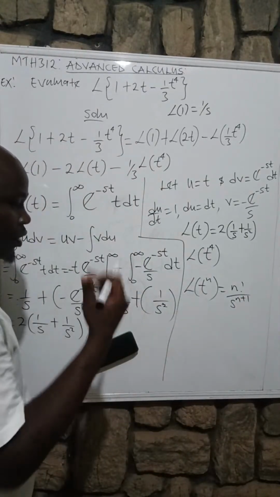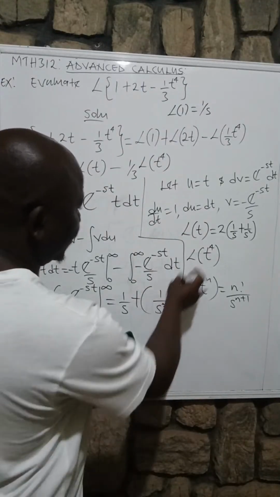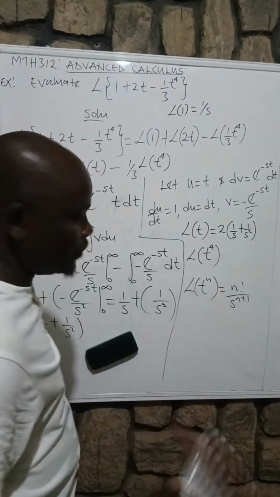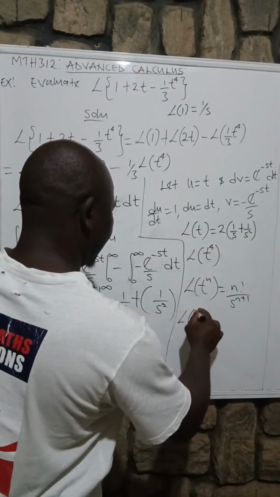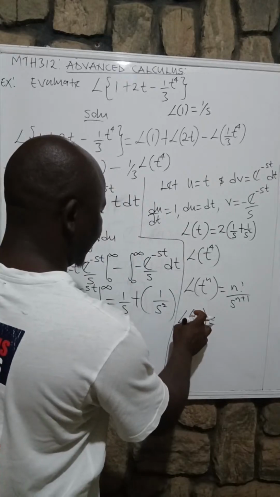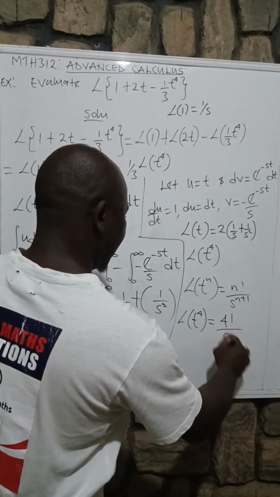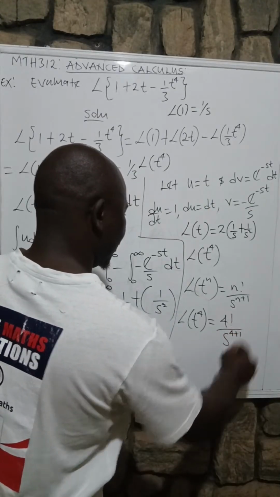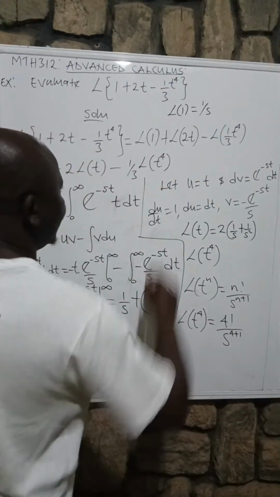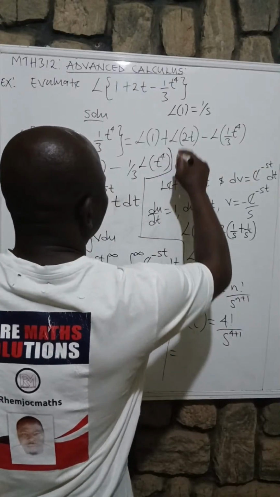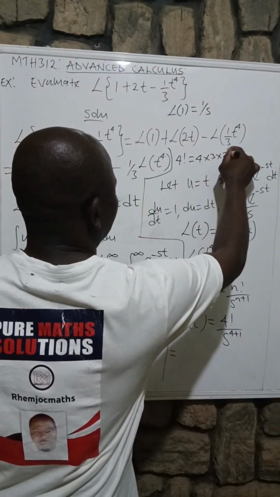Yeah, when you go back to our first video, I think we did something like this. So if you come across something like this, you don't need a prophet to tell you. It means Laplace of t raised to the power 4. Now 4 is your n, so 4 factorial all over s raised to the power of 4 plus 1. Isn't it? So which is equal to, when we say 4 factorial, 4 times 3 times 2 times 1.